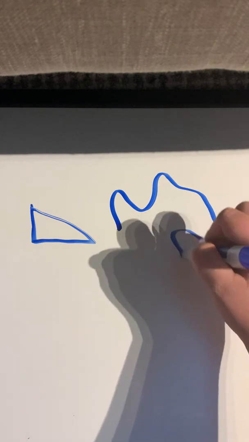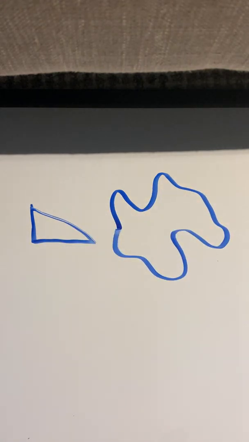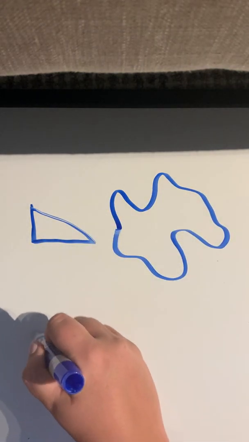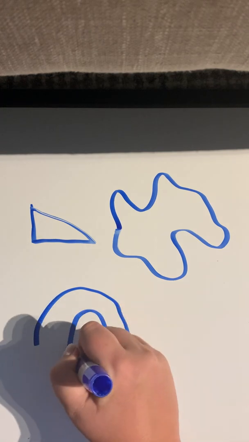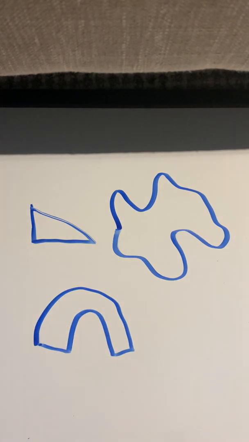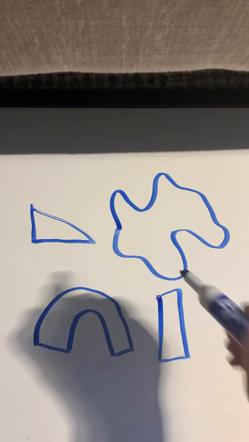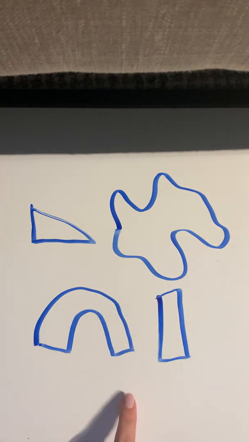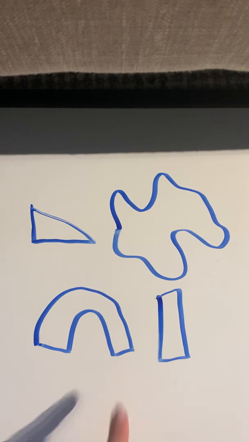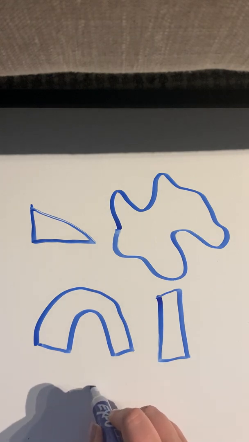Here are some more. Oh, a little splatter of milk, maybe. Macaroni, and let's just do a rectangle. Okay, look at these shapes. These are different than the shapes that I just showed you because these shapes actually are closed. You start at a point.